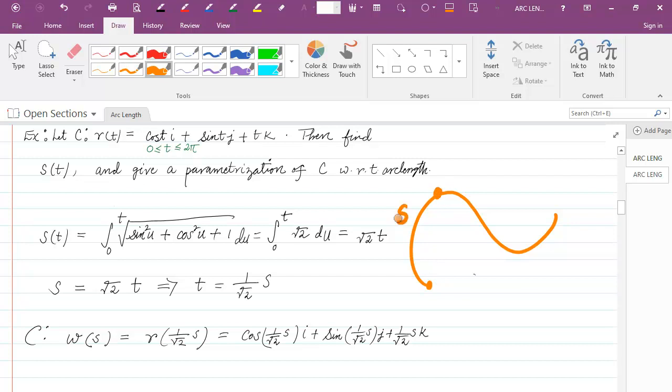So s is the arc length from here to here, and then w of s is this point right here. If this is the origin, let's say, then w of s, we can think of that as that position vector, or you can think of that as this point right here. So w of s is the point on the curve that is at arc length s from the beginning point, which is r of a.